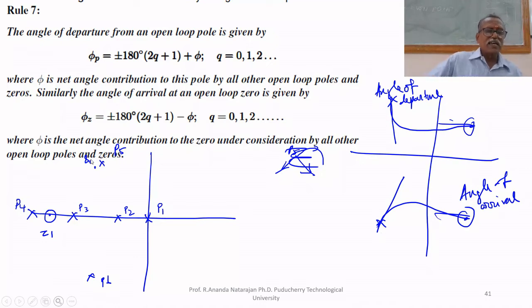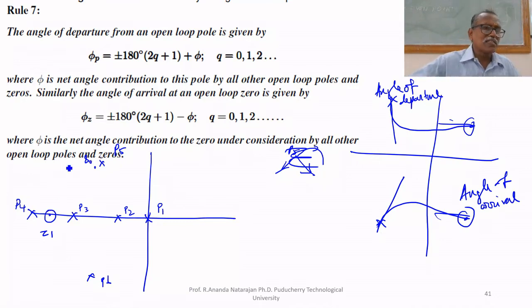If S0 is on the root locus, then the line joining S0 and P5 is the angle of departure. Am I correct or not? Because S0 is very close to P5, and S0 is on the root locus.